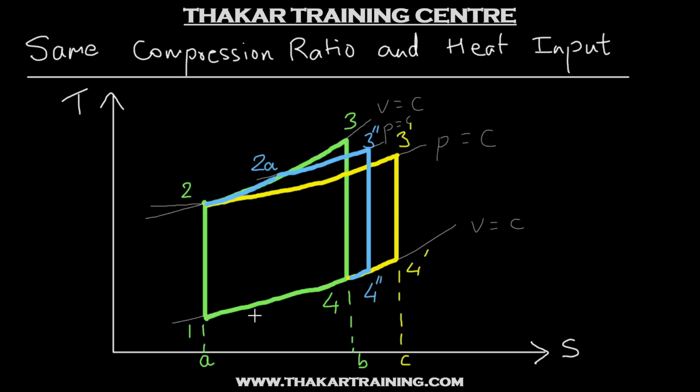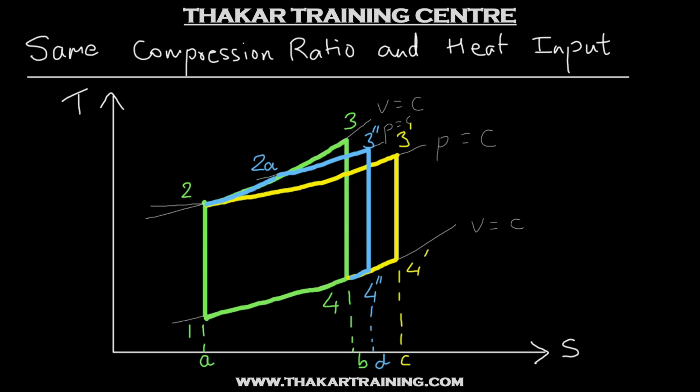What is the heat rejection of the dual cycle? It is A1 4 double dash. Okay, let's just extend that. Suppose point D. So it is going to be A1 4 double dash DA, right? So this entire area is the heat rejection process of the dual cycle.